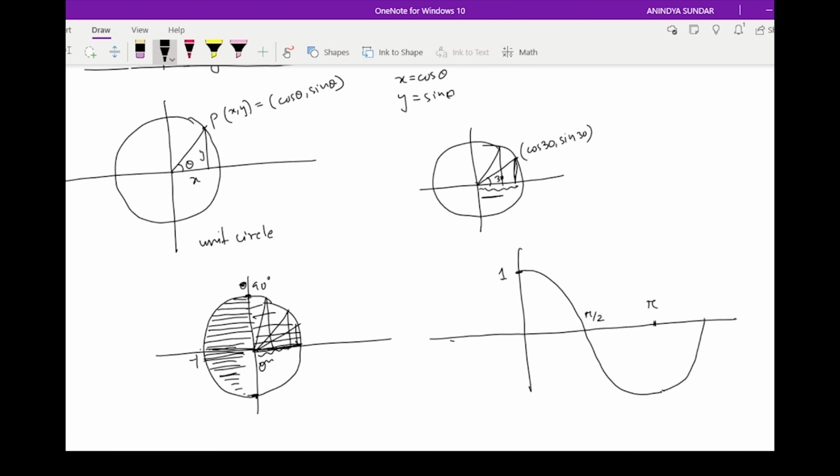Suppose at first it was -1, then -1/2, then suppose -1/3. That means these values are increasing. That is the reason the function has increased up to 270 degrees. And from 270 to 360, which is the same as 0 degrees, I can see that the value will increase, the lines will increase.